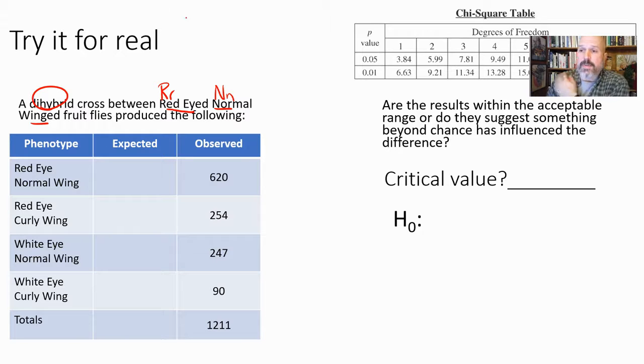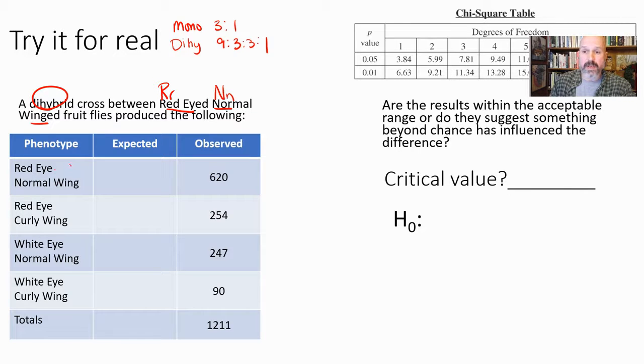I stressed last chapter that when I have a monohybrid cross, you're going to have that 3-to-1 ratio in the phenotypes. If you have a dihybrid, you're going to have a 9-to-3-to-3-to-1 ratio in phenotypes. 9 of them are dominant-dominant, 3 dominant-recessive, 3 recessive-dominant, and the last 1 recessive-recessive. There's no difference in this table.